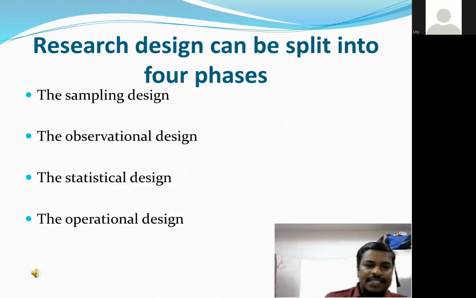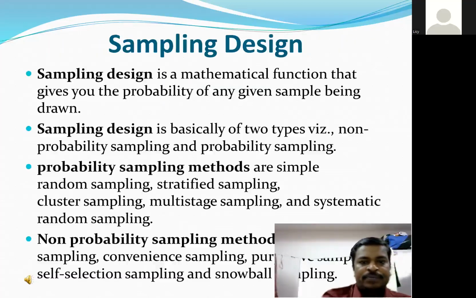One is sample design, the second one is observational design, the third one is statistical design, and the fourth one is operational design. So these 4 things are used by the research design as various different phases. And the next one is sampling designs. There are various kinds of sampling.